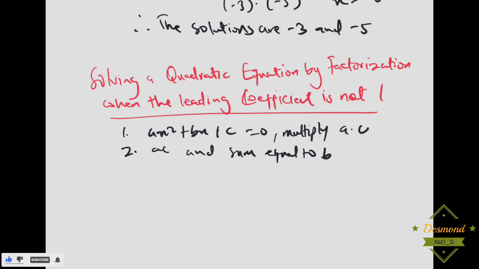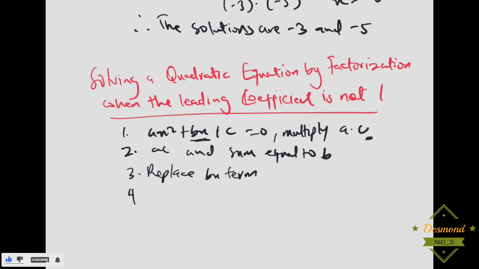And rewrite the equation by replacing the bx term, which is right here, with two terms using the numbers found in step 2 as coefficients of x.